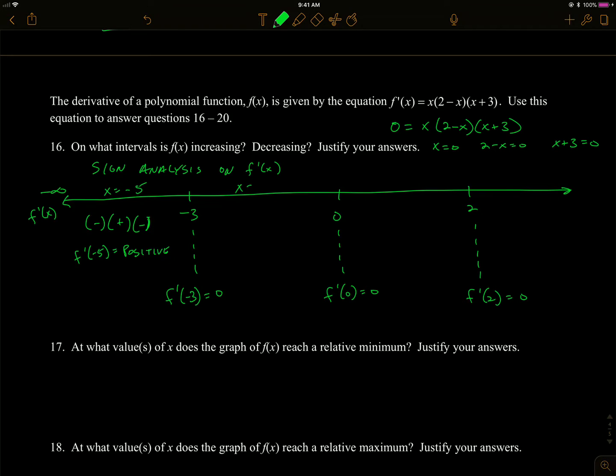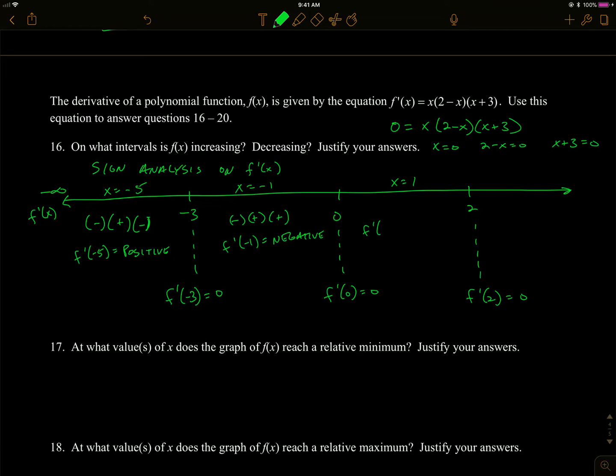Now, what number will I pick on this interval? I'll choose negative 1. If I plug it into my derivative, I'm getting a negative times a positive times a positive. So f prime of negative 1 is negative. I'm going to do the same thing on this interval. I'll choose x equals 1.